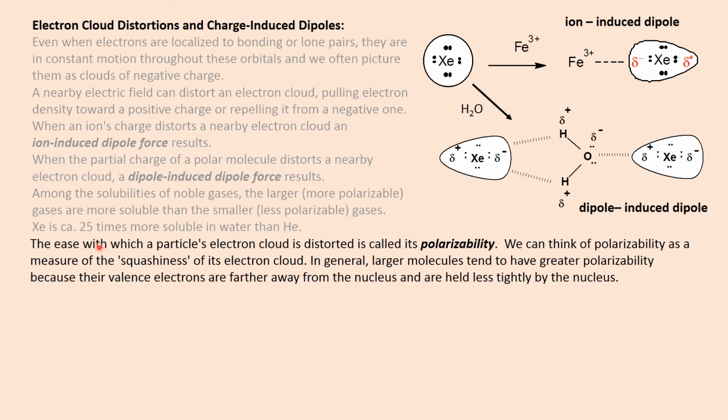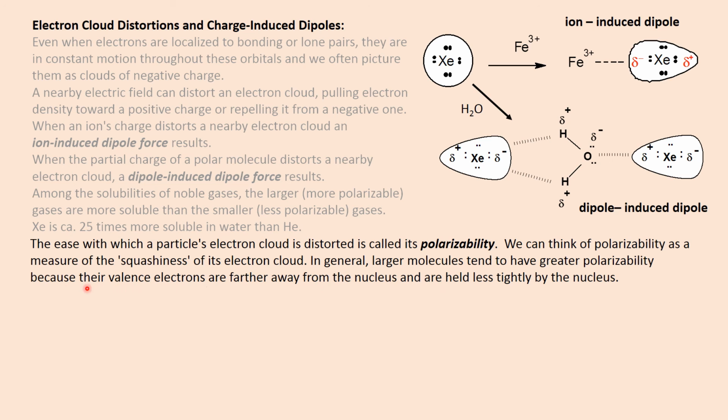Well, the ease with which a particle's electron cloud is distorted is called its polarizability, its ability to be polarized. So we can think of polarizability as a measure of the squashiness of its electron cloud, or the softness of the cloud.